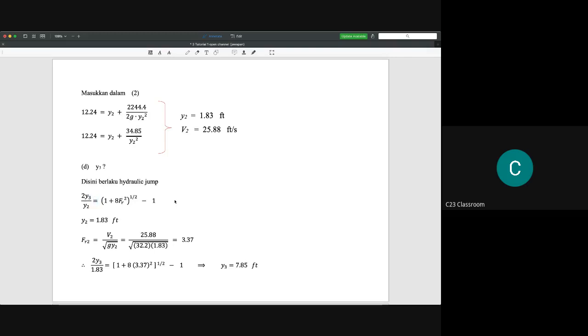So this is the height after the hydraulic jump, and number 2 here is before the hydraulic jump. We know that Y at point number 2 is 1.83 feet. We could calculate the Froude number at point number 2 as 3.37, because point 1 and point 2 are already solved. Then we could estimate the hydraulic depth for point number 3, which is equal to 7.85 feet.